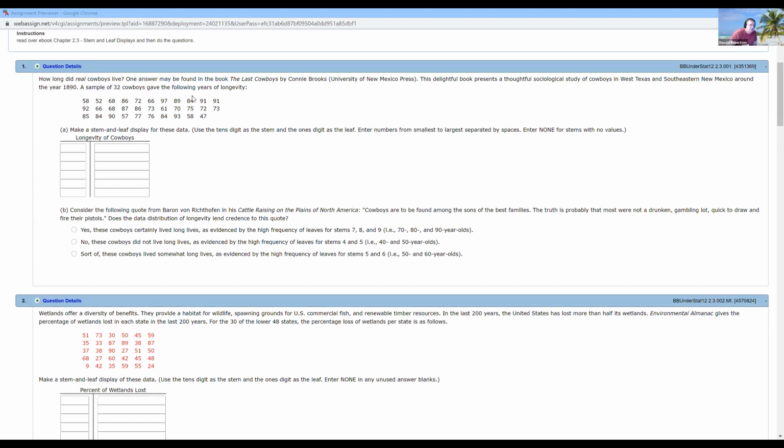So can you see that the cowboys range from, well, the first thing, if you're going to do one of these stem and leaves, this first column here, well, let me make an assumption. Are you seeing this first? Okay, good. So this first column here is going to be the stem, and the one to the right is where the leaves go. So when you scan through this set of data, what was the youngest age in which someone died? 47.